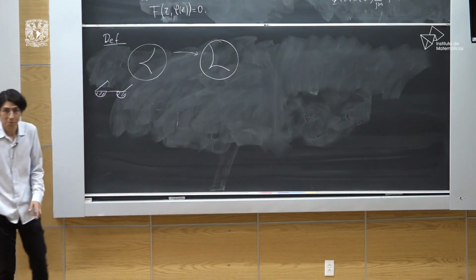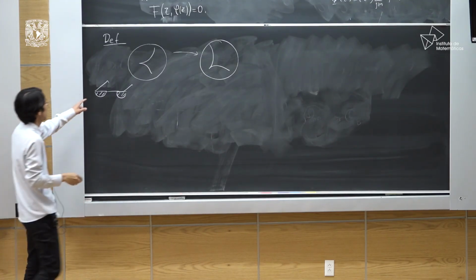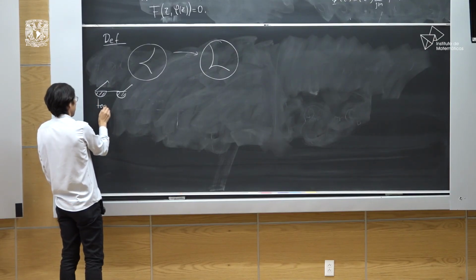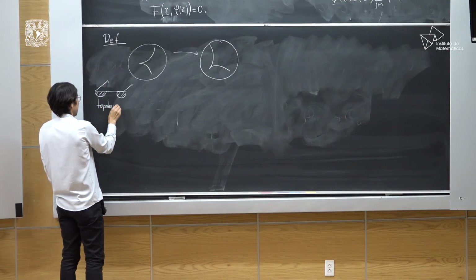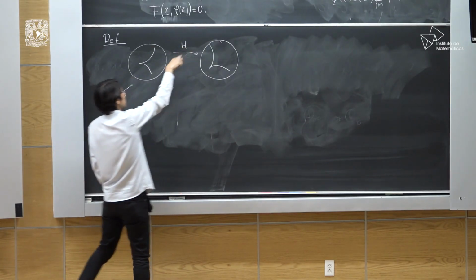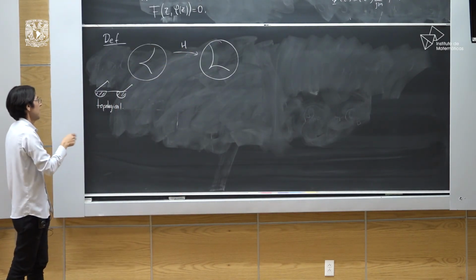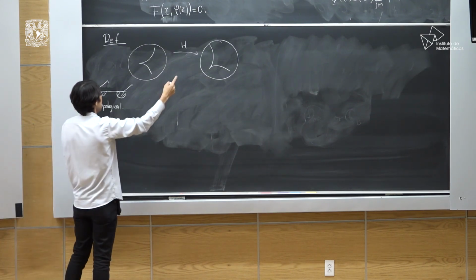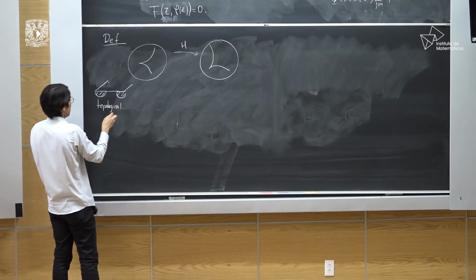If you want to classify the curves under the topological glasses, you have to require H to be a homeomorphism, a continuous transformation with inverse of the same type.